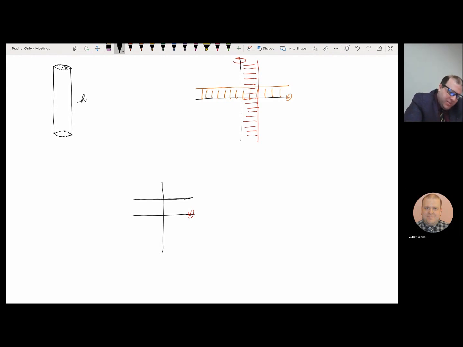So let's go like this. Consider that region to say it's 0 to h. Right, that'll now give us height of h.